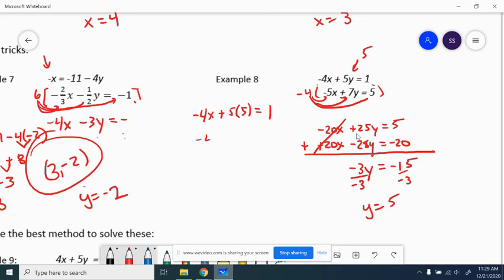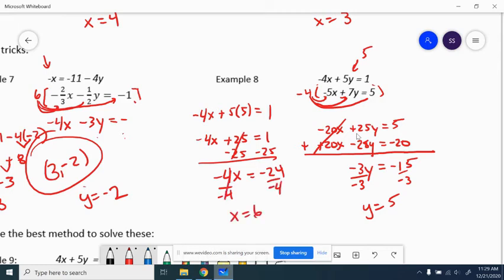So solve this, we get negative 4x plus 25 is equal to 1. Subtract 25 on both sides. I'm left with negative 4x is equal to negative 24. Divide by negative 4, divide by negative 4, and I'm left with 1x is equal to positive 6. So my ordered pair here is 6, comma 5.